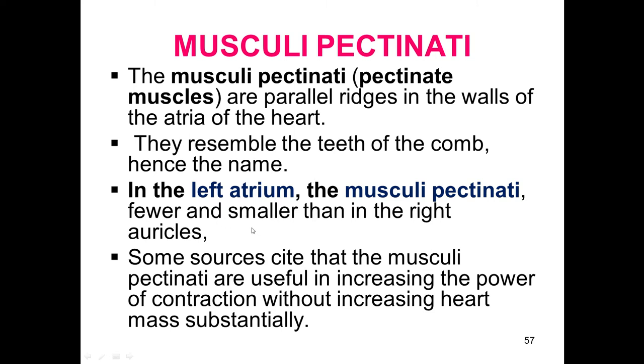In the left atrium, musculi pectinati are also present, but they are fewer and smaller compared to the right auricle or right atrium. According to some sources, their main function is to increase the power of contraction without increasing the heart mass substantially.